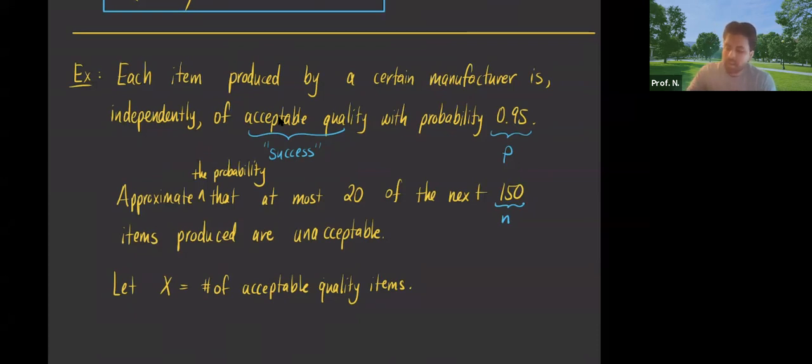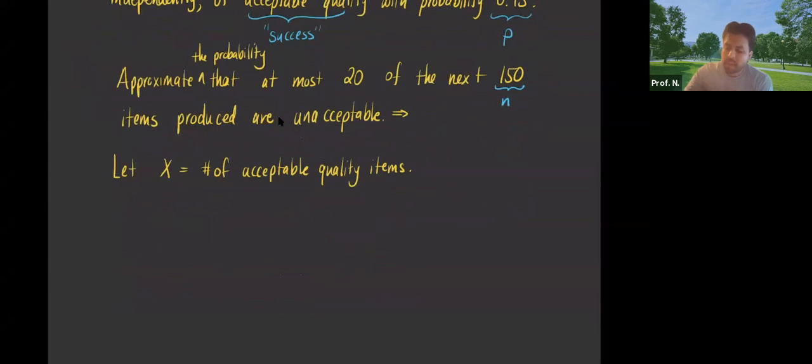How do I reformulate or rephrase this statement? At most 20 of them will be unacceptable. So then, Mir, what do we say? If it's at most 20, then what? I'm talking about how do we say this using the phrase acceptable instead of unacceptable?